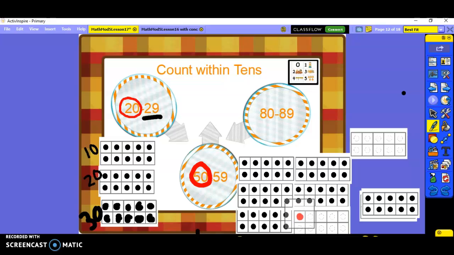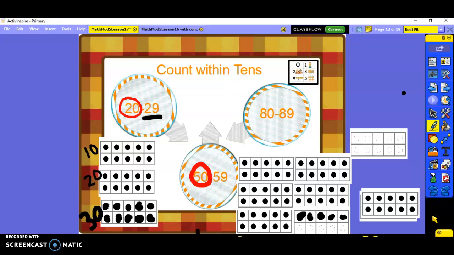So, we're going to say 51. Let's change that color. Good, 51. 5 tens, 1. 52, 5 tens, 2. 53, 5 tens, 3. 54, 5 tens, 4. 55, 5 tens, 5.